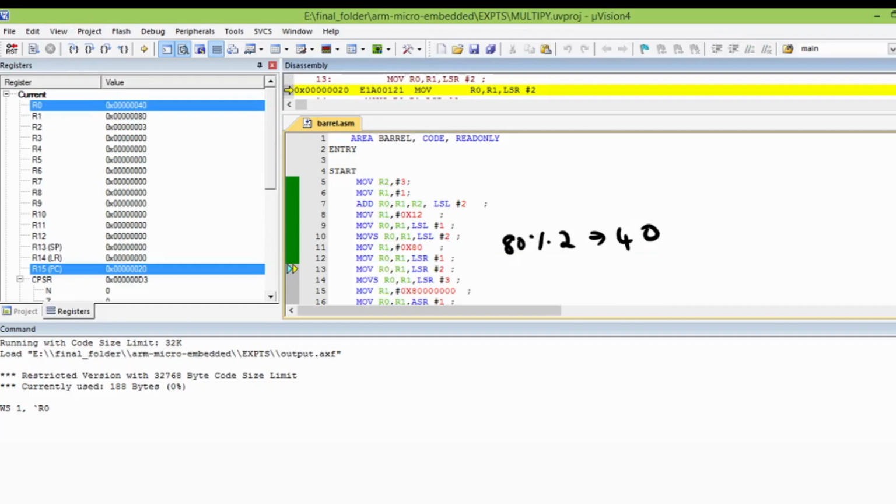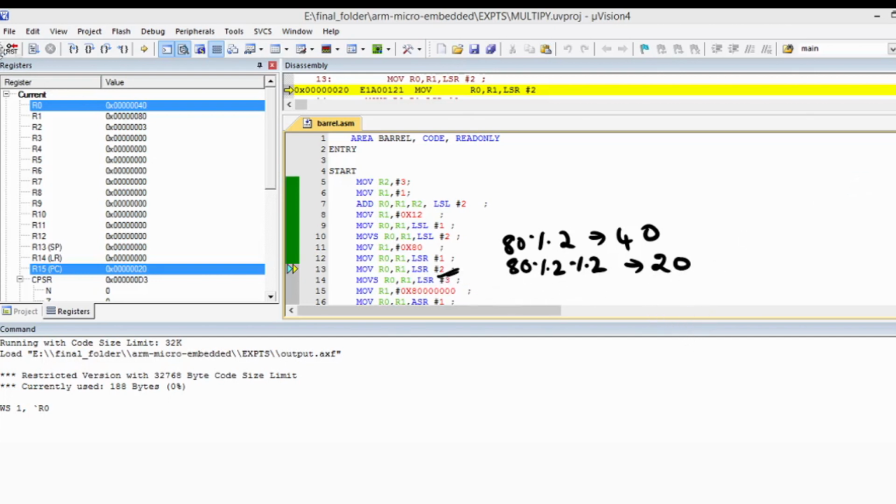Yes, and in the second case, LSR #2, what should happen? 80 divided by 2 divided by 2, which is 20, because for every logical shift right we divide by 2. So LSR #2 means logical shift right by 2-bit position, so it will be divided by 4, and this is the answer.